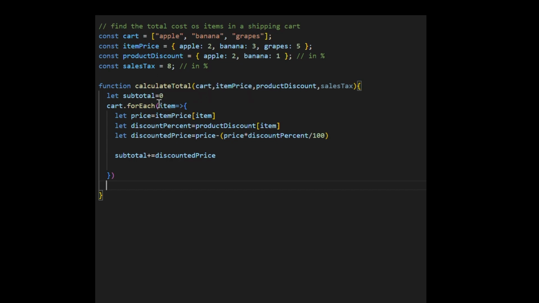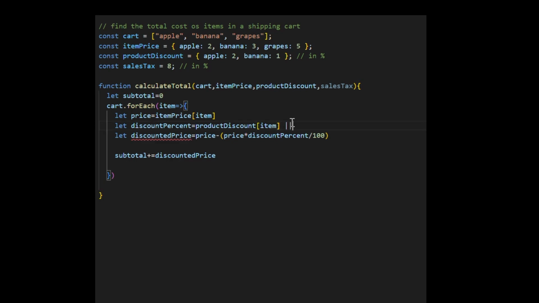If banana's percentage is 3, after that it will get the discounted percent. So next grapes, but for grapes there is no discount. Only for apple and banana is there a discount. So for that what should we do here?